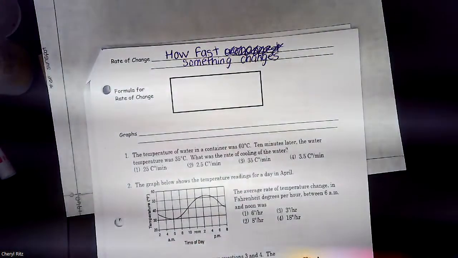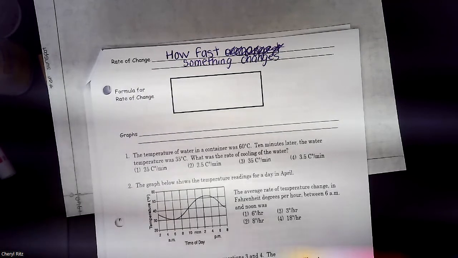If you're talking about temperature, it's how fast temperature changes. If you're talking about your growth in the past 5 years, you can talk about how many inches you grew in the past however many years. It's how fast something changes, and that something can be a whole bunch of different things, which we're going to see in the examples. It's got a spot for the formula for rate of change.